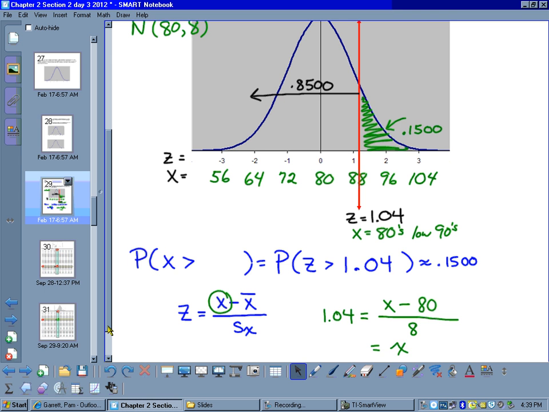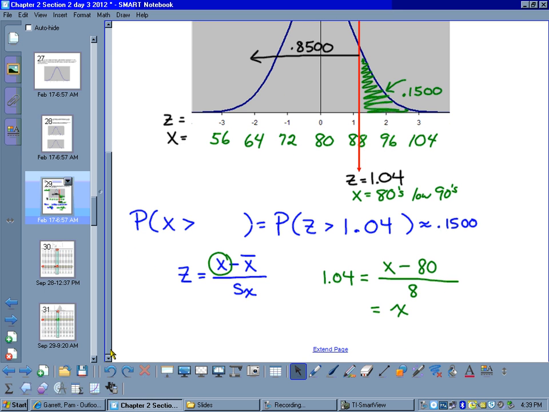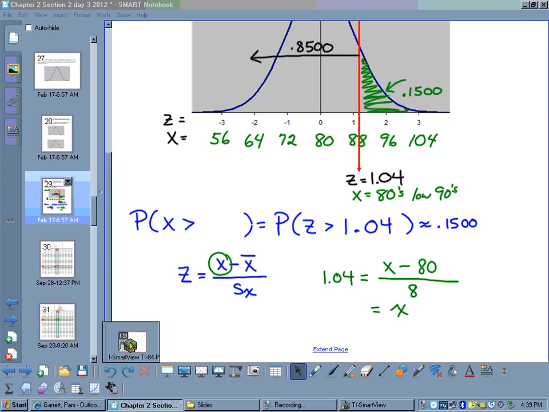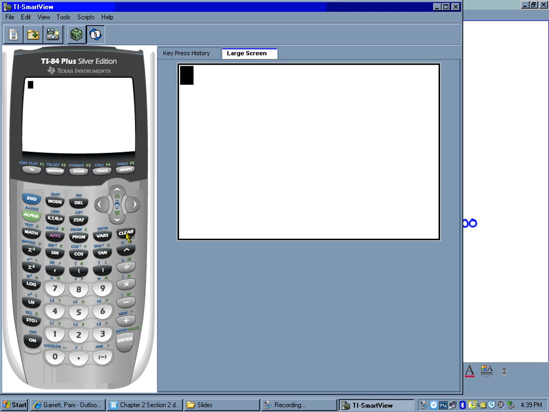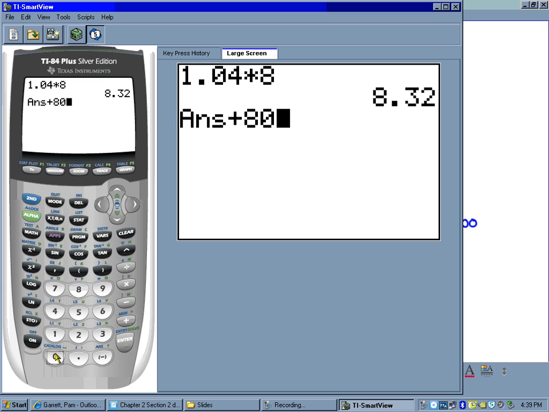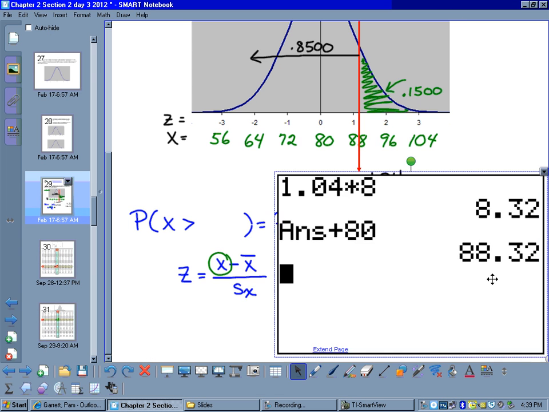And now if I undo that equation by taking 1.04 times 8, and then adding the mean of 80 on, I find out my score that I was looking for is in fact 88.32.